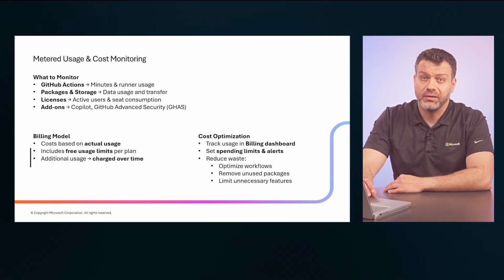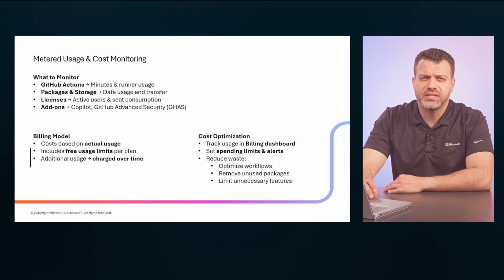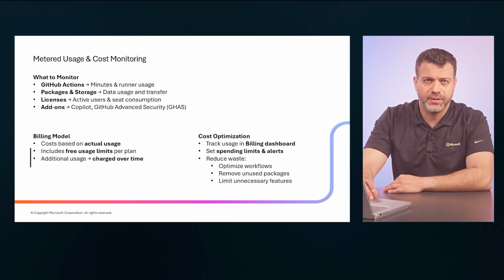GitHub has metered billing. Metered billing applies to products where costs scale with usage, such as Actions, packages, licenses, and add-ons like Copilot and GitHub Advanced Security services. Each of these services includes a free usage limit, but once exceeded, additional usage is billed incrementally.